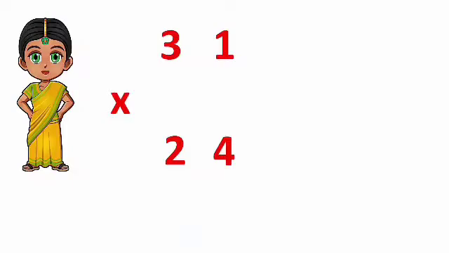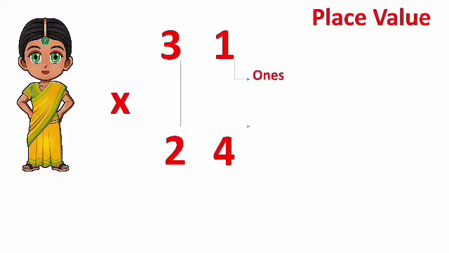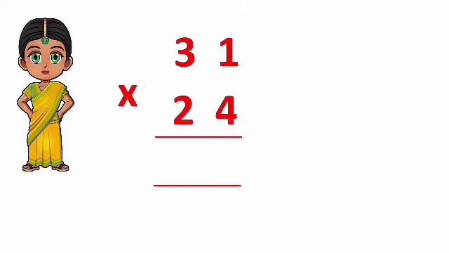I will teach you. First, know the place values for the digits of 31. 1 is in ones place and 3 is in tens place. And for 24, 4 is in ones place and 2 is in tens place. Now, multiply 31 and 24.